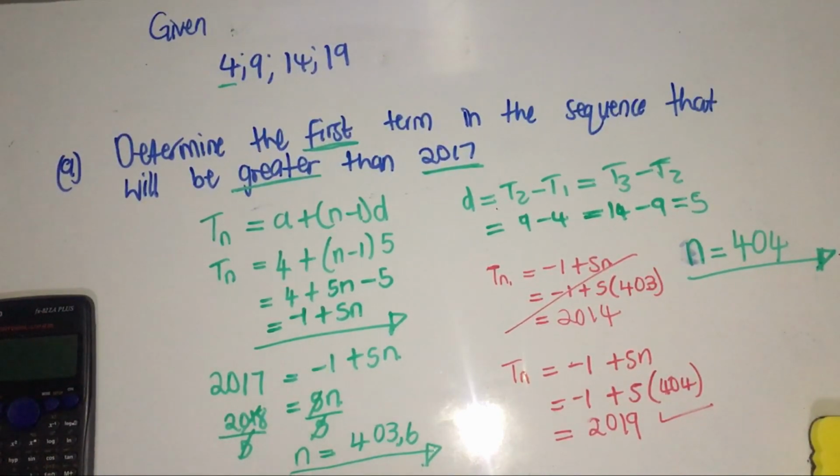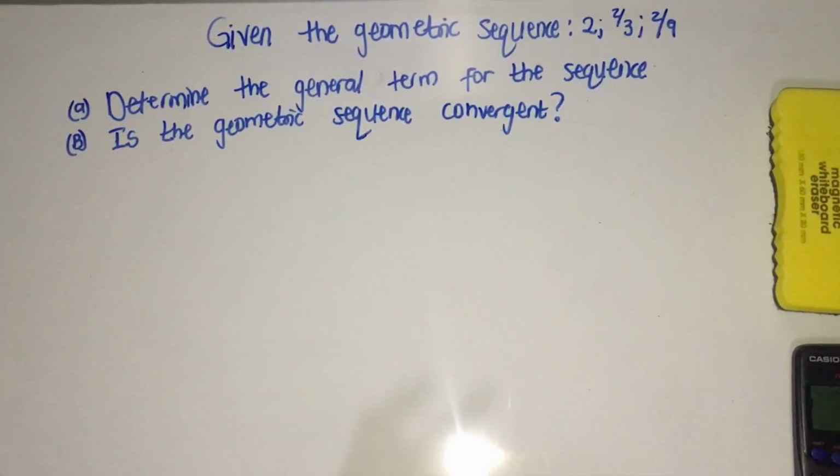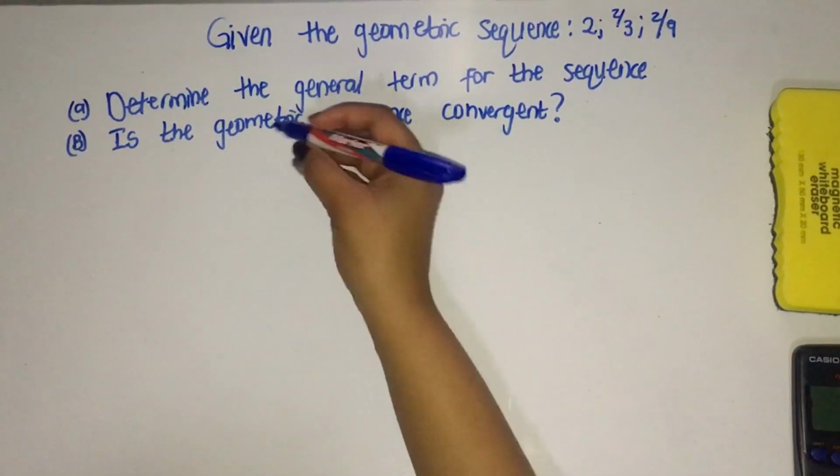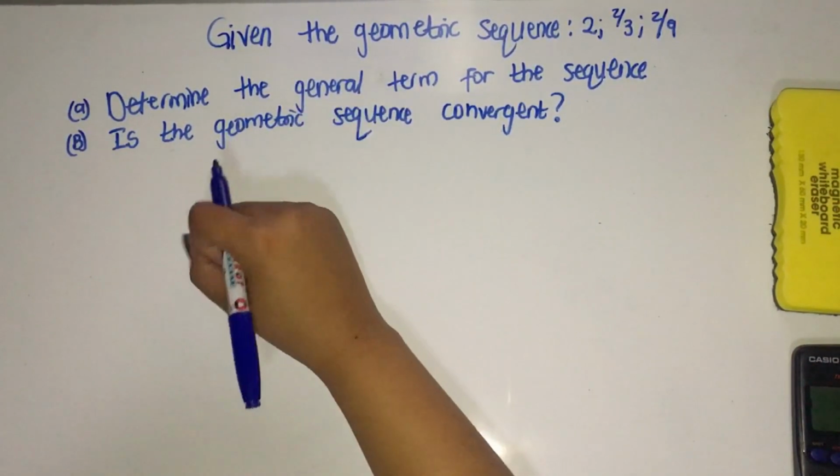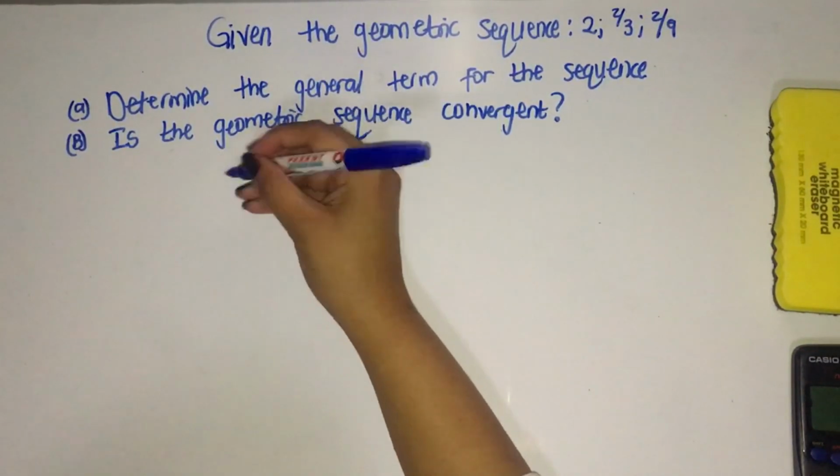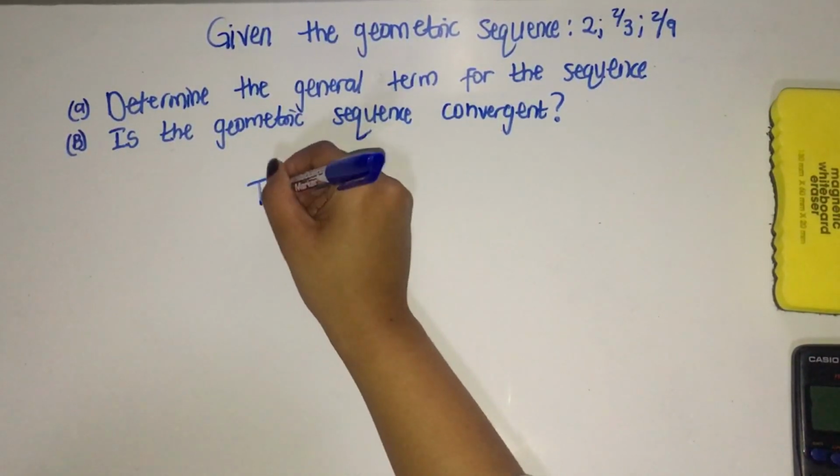See? Easy peasy. Okay, so now our next question says, given the geometric sequence, which is 2, 2 over 3, and 2 over 9, determine the general term for the sequence. And then secondly, is the geometric sequence convergent? Alright, so for our A, we know that this is the general formula of a geometric sequence.